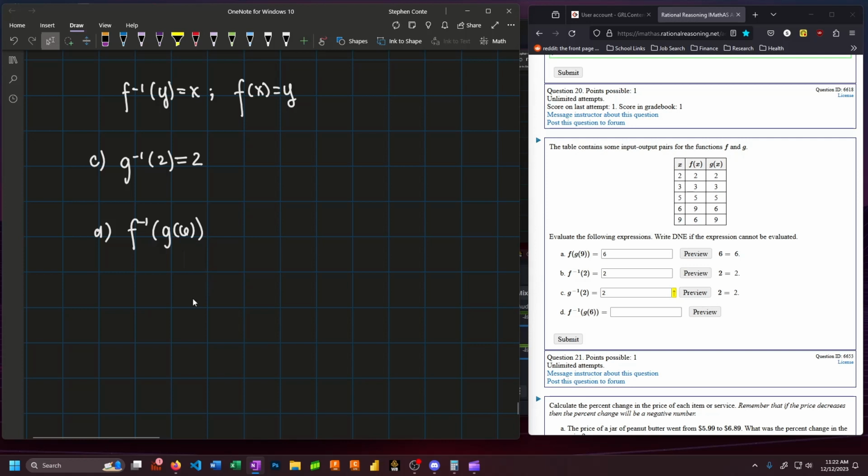So the first thing I'm going to do is look and see what g of 6 is. G of 6 is equal to 6. So now I'm going to look at f inverse of 6. F inverse of 6 is 9, because f of x equals 6 when x equals 9.